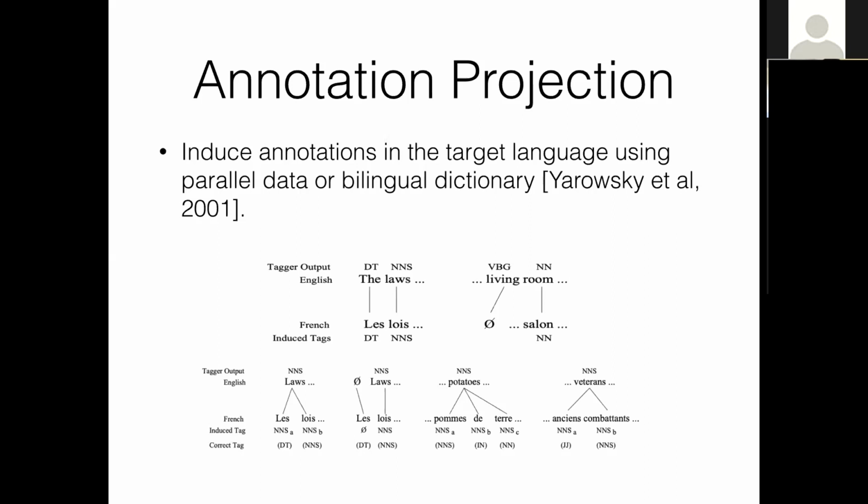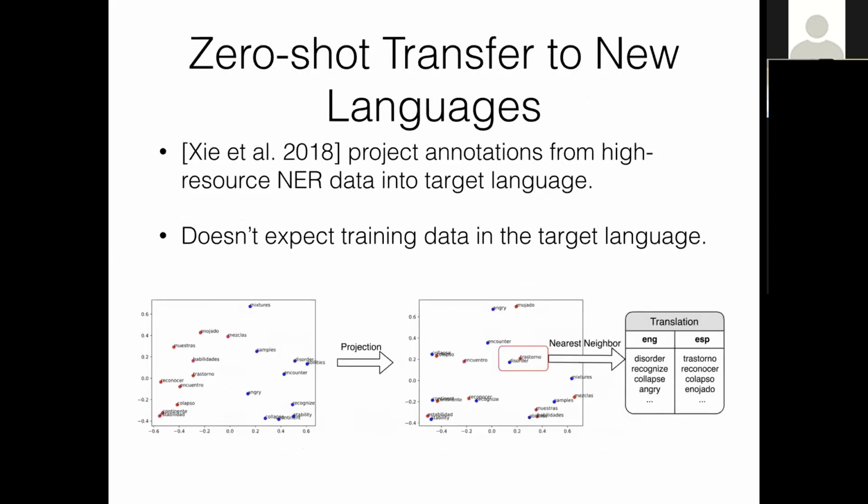So using the part of speech tags from English, you can project these annotations onto the French data using either some sort of bilingual dictionary or parallel data. And you can induce annotations in the target language, and then you can just train a model on these induced annotations. Such annotation projection methods have also been very commonly used for a zero-shot transfer setting.